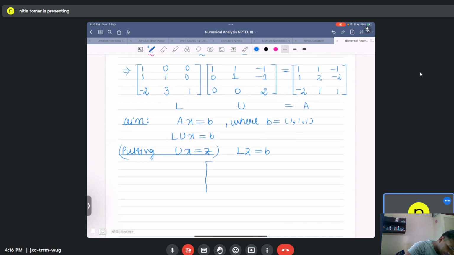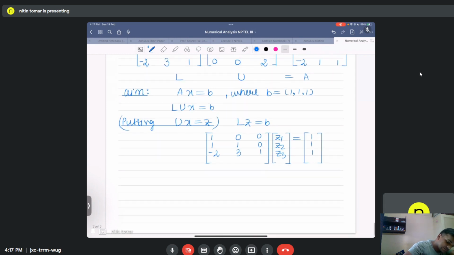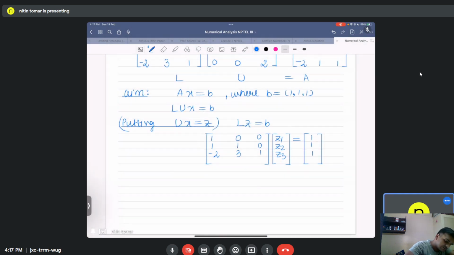What is this system? 1, 0, 0; 1, 1, 0; minus 2, 3, 1 times Z1, Z2, Z3 equal to 1, 1, 1. So Z1 is equal to 1. You will use forward substitution, right? Yes, sir.